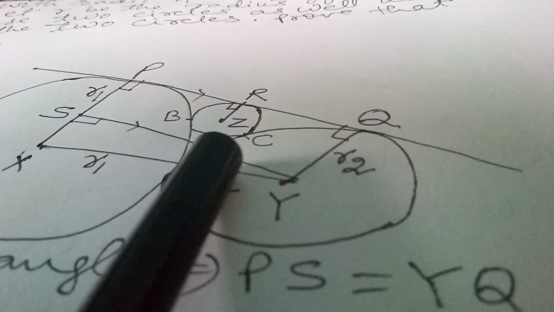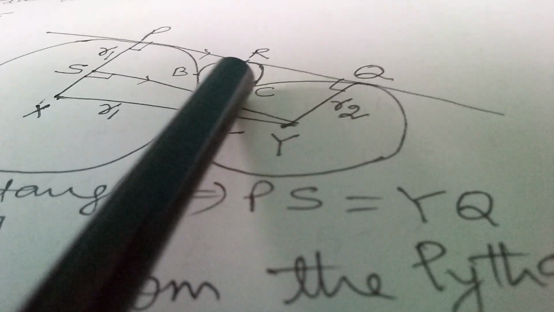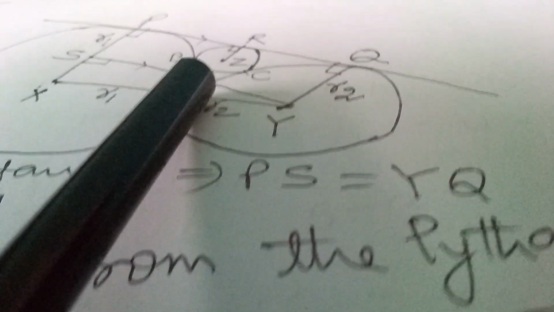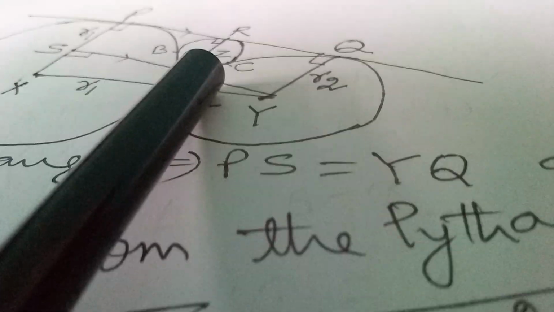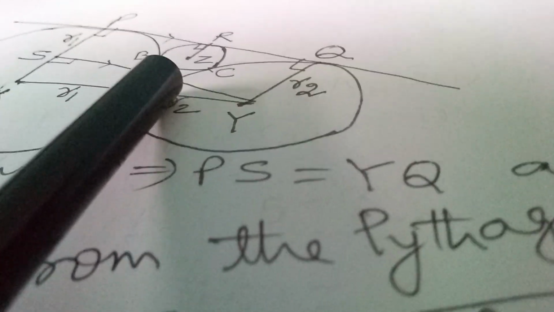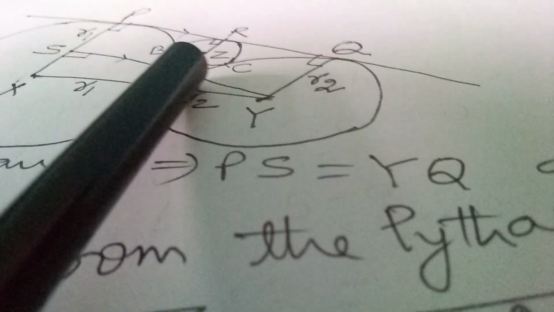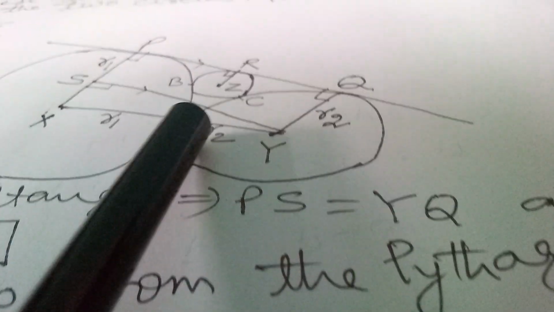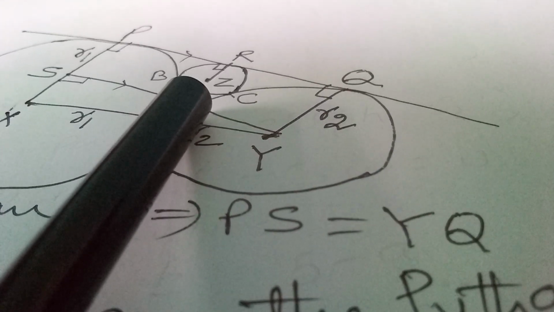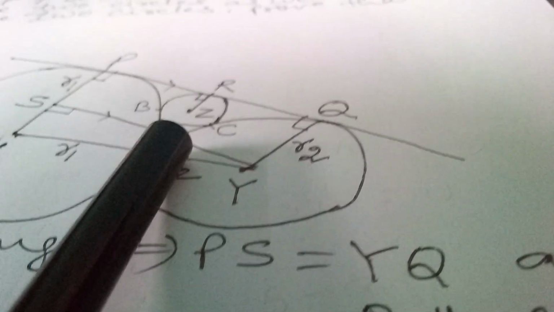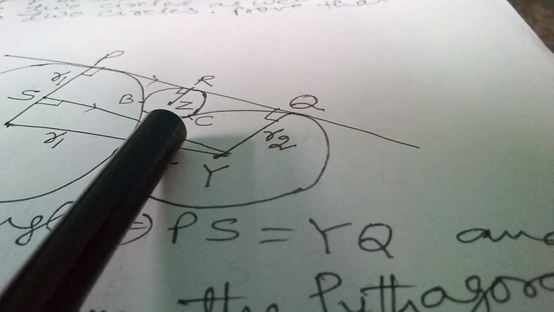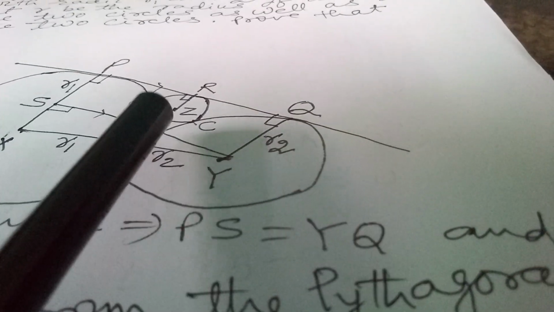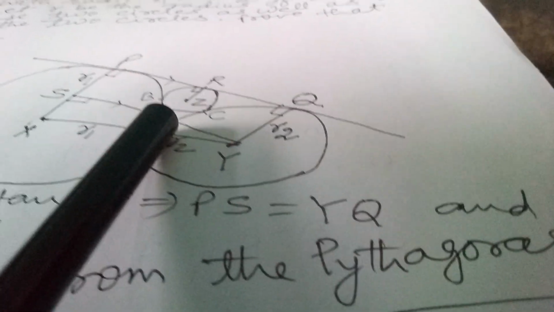And the third circle is this, which is touching the common tangent as well as these two circles. This smallest circle is touching them at B and C respectively, and the radius of this smallest circle is RZ, that is small r.